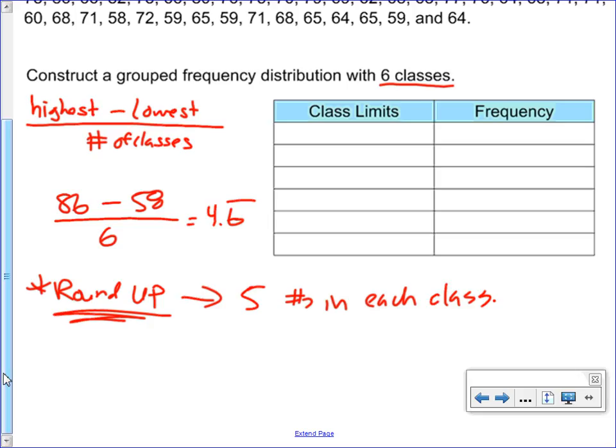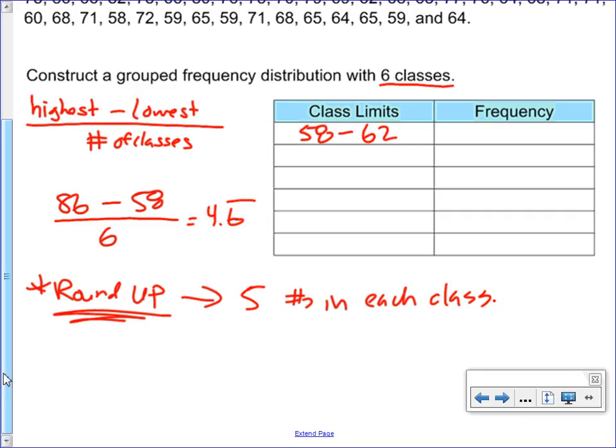So basically you start out at 58 and you want 5 numbers in that class. We have 5 fingers, so you could do it this way: 58, 59, 60, 61, 62. So this class is going to contain numbers 58 to 62.